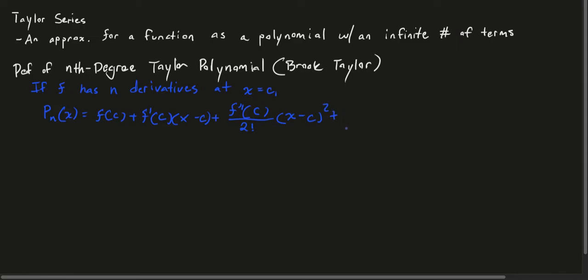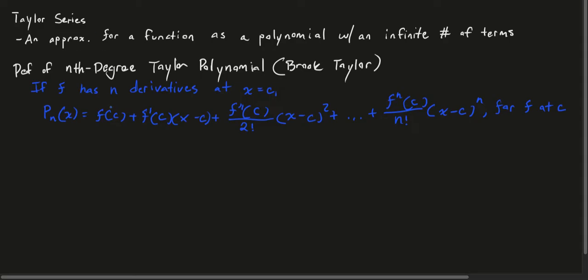And so we could see this pattern eventually until we have f to the nth of c over n factorial times x minus c to the nth for f at c. And so you can see this polynomial continues on infinitely, depending on how many terms that we want. And notice how it says nth degree Taylor polynomial.